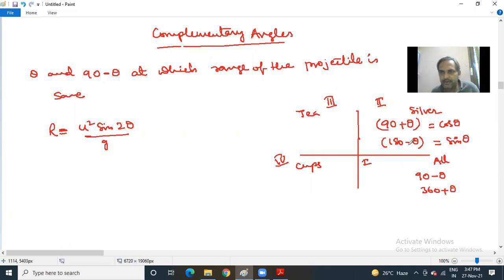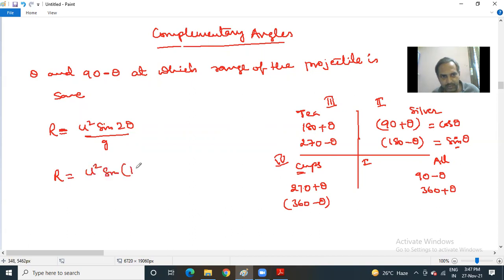So therefore, let us make use of this. You might know that 180 plus theta here, then 270 minus theta, here 270 plus theta, 360 minus theta. So here tan is positive, here cos is positive, in the second quadrant sine is positive. So in another way, this can also be written as u square sine 180.